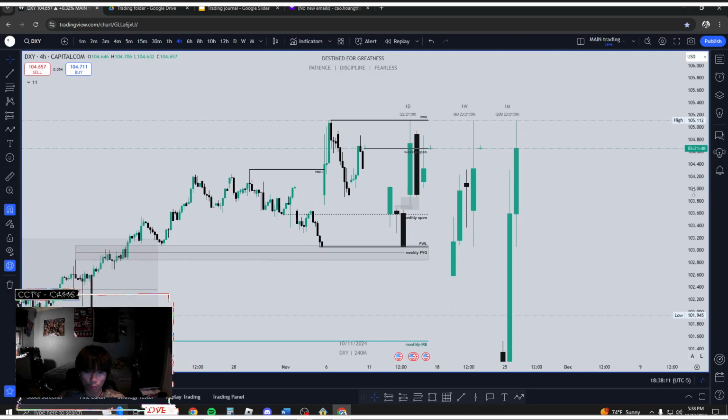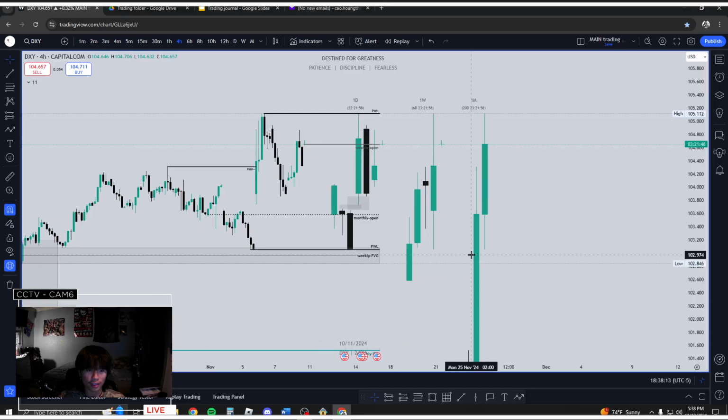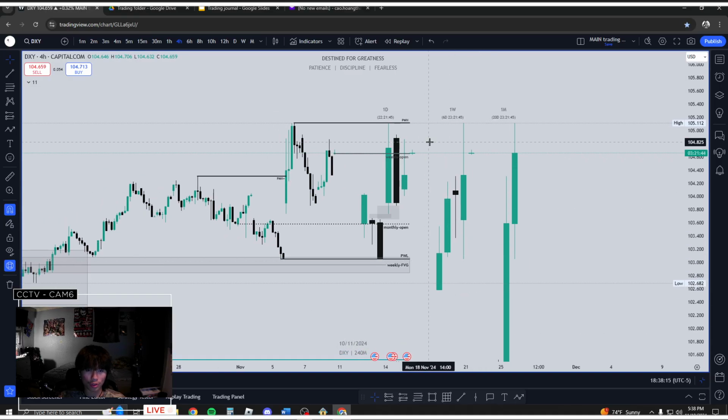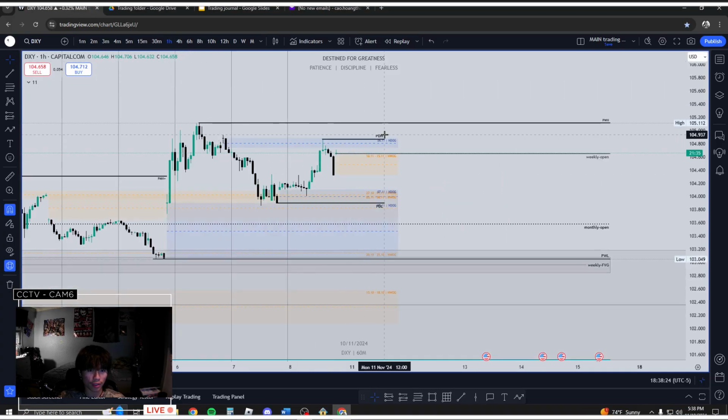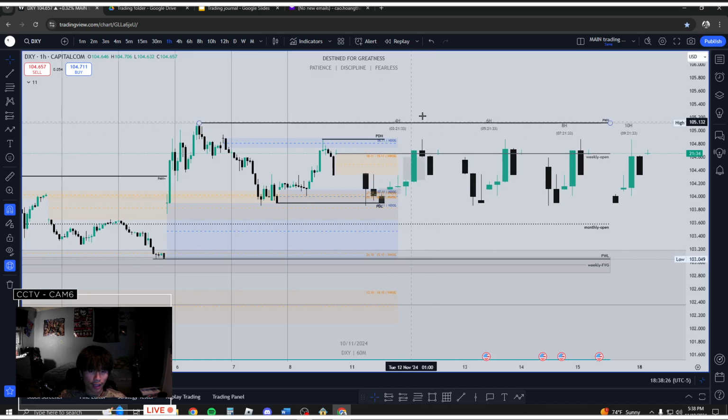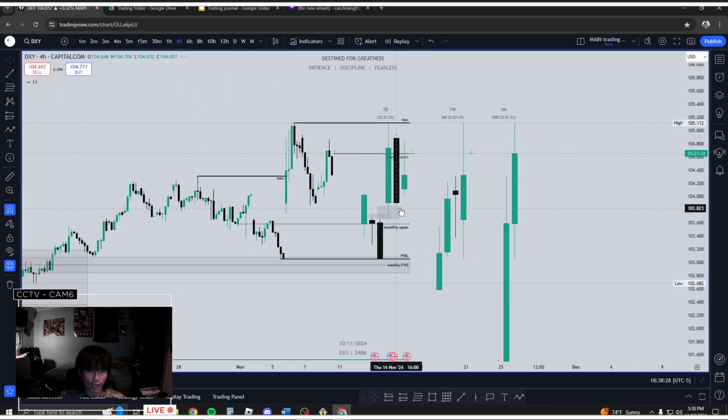So I would trade on the daily time frame. I would trade intraday models, and we did have a gap up this week, and it appears that we probably will end up taking out previous day high. I'm not too sure, but we do have a daily fair value gap here. Depending on if we respect this daily fair value gap will tell me if we will be bearish or bullish.